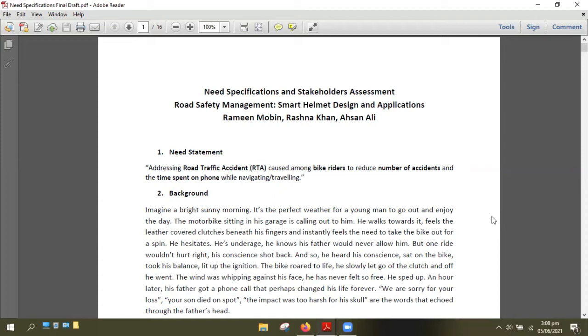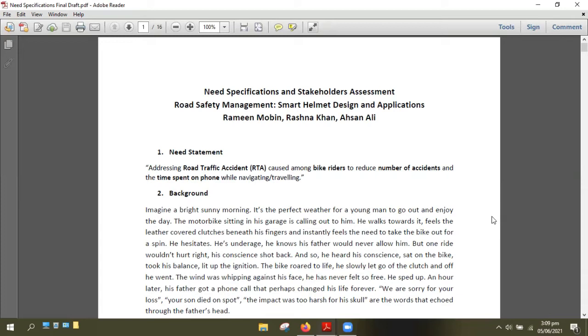But for now, let me brief you about the problem that we decided to focus on. Based on the interviews we conducted, we identified that one of the problems on the rise due to COVID is delivery riders being involved in accidents. These accidents mostly occur among delivery riders, and their frequency has further increased because of the surge in online shopping and the buying and selling of goods and services, which utilizes these delivery riders.